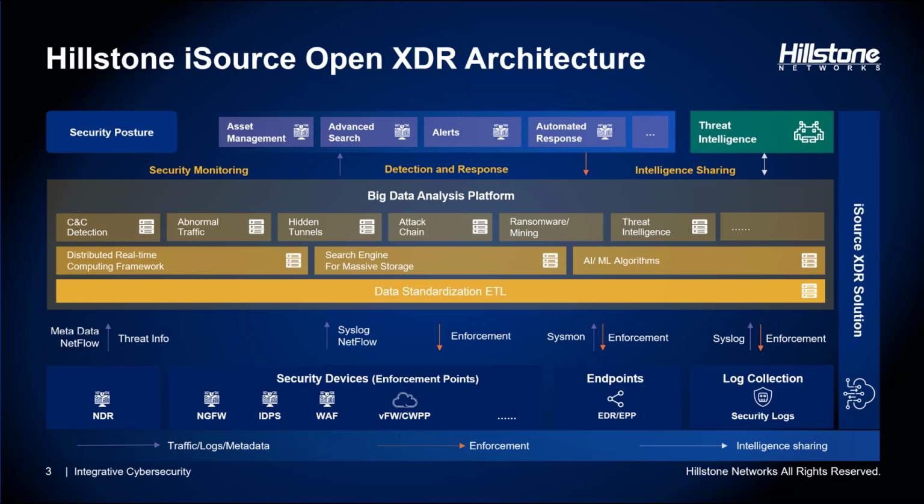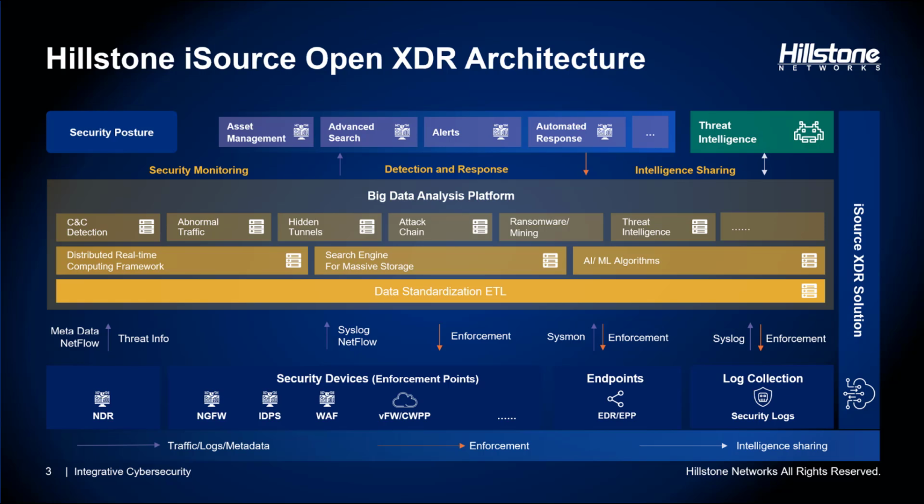And on top of this engine, we have key detection and response functions like security posture management, asset and vulnerability tracking, alert generation, and automated response. And all of this is tightly integrated with the management features on the last slide we just discussed.